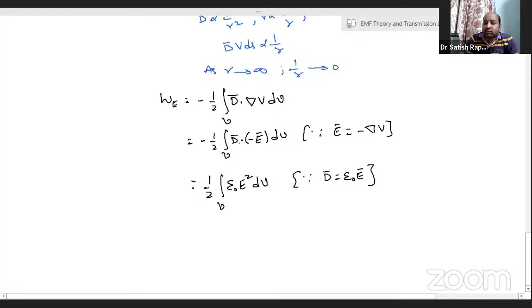Substituting D bar equal to epsilon naught E, we have half volume integral epsilon naught E square.